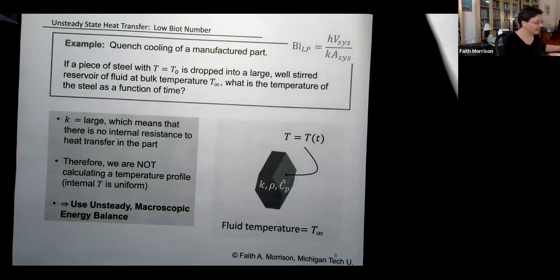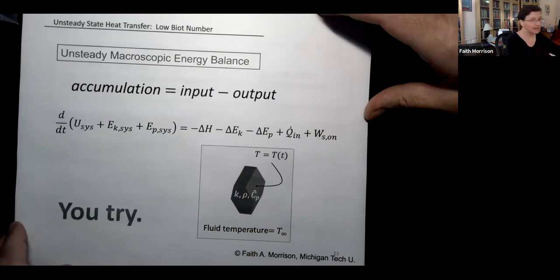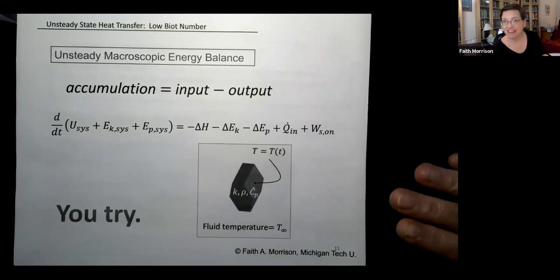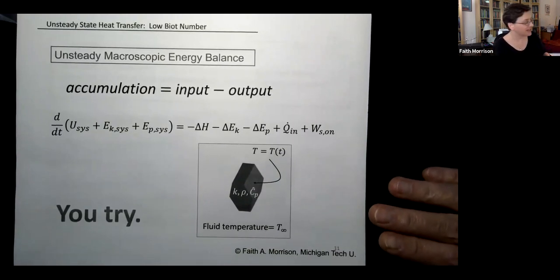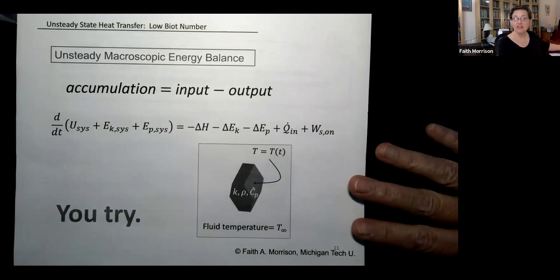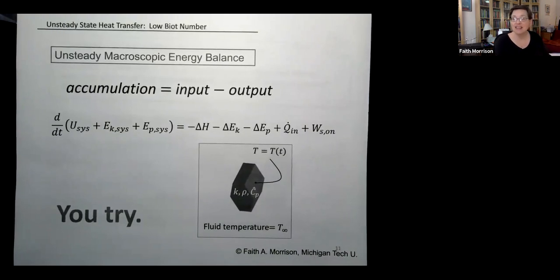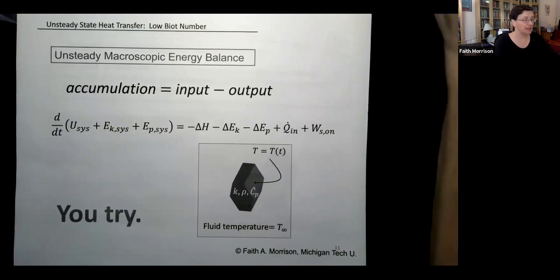So here's the macroscopic balance, right? I'm going to encourage some participation here so that we can practice simplifying the macroscopic balance and getting to the equation that we need to solve.